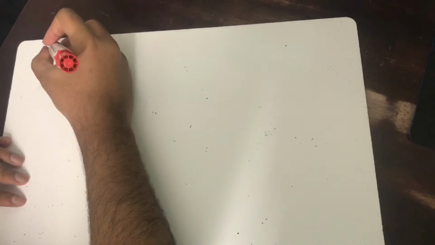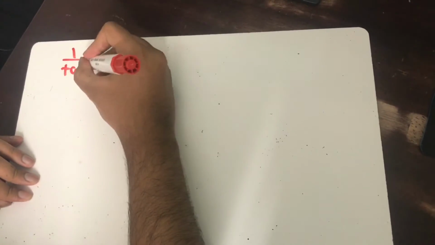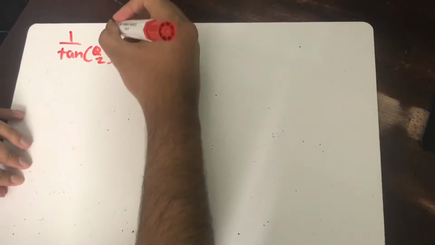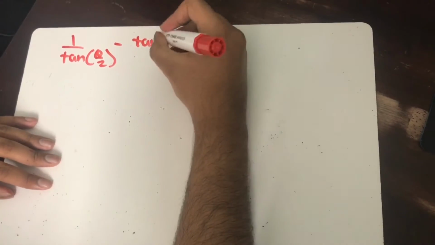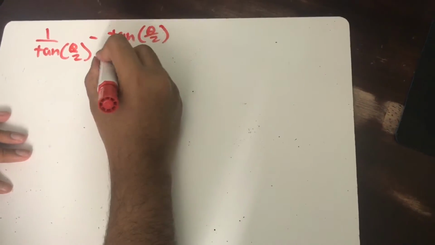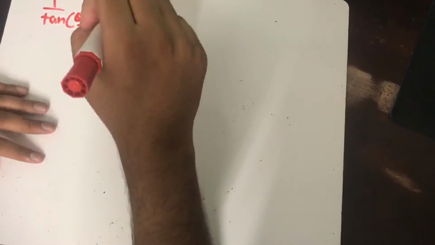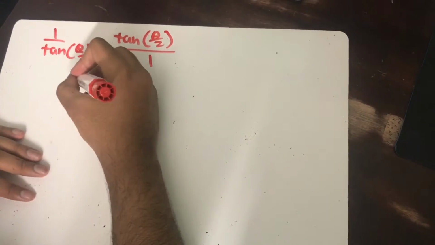So now it's going to be 1 over tan theta over 2 minus tan theta over 2. And then I'm going to put a divided by 1 as a placeholder because we're going to be multiplying, and we're going to cross multiply these two together. And when we do that, there's going to be 1.